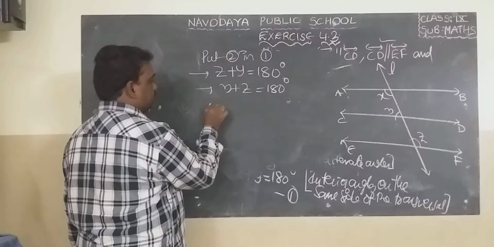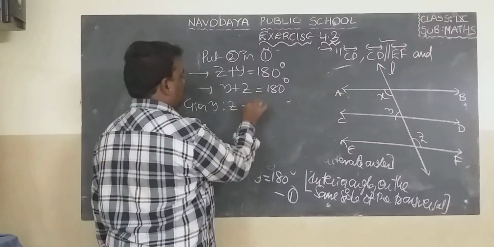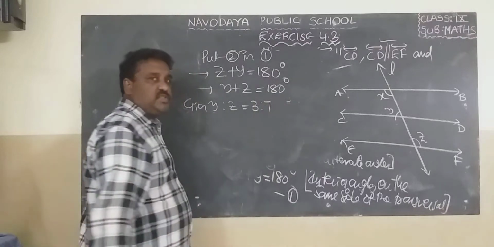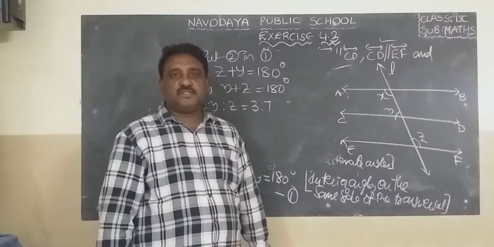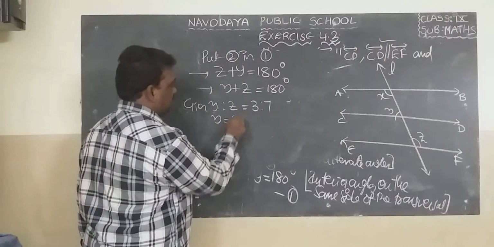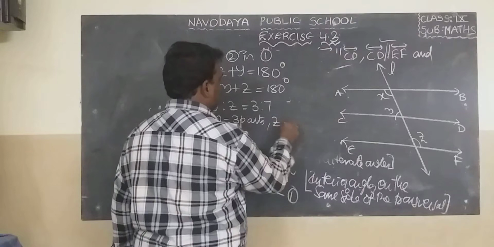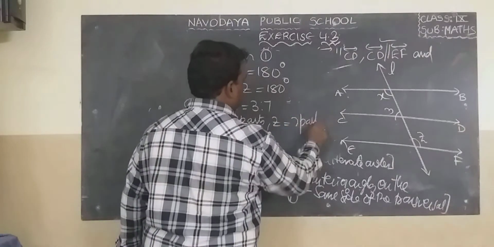Then given y is to z equal to 3 is to 7. Y how many parts? 3 parts. Z how many parts? 7 parts.